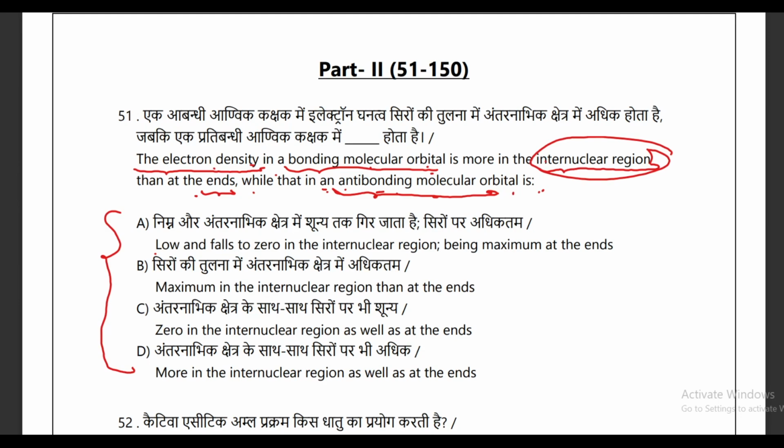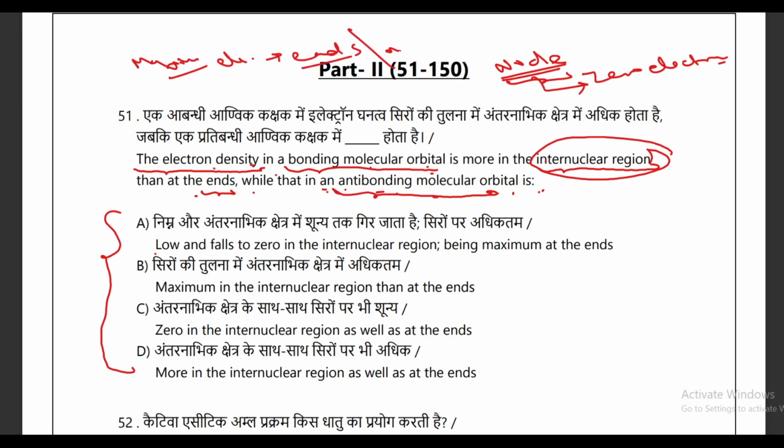So it means that in the anti-bonding molecular orbitals, there is a node in the internuclear region. Okay, in that region there is zero electron density, and in antibonding molecular orbital maximum electron density is at the ends, or you can say at outside.